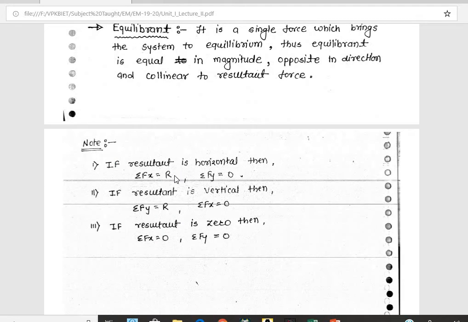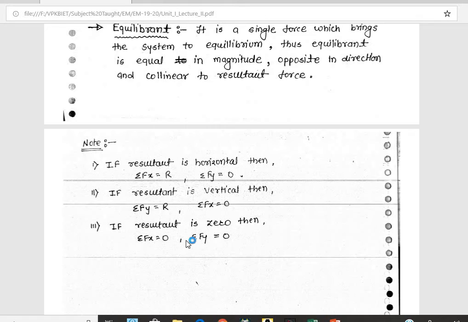Now, these are the important notes you have to keep in mind while solving the numericals. Number 1, if the resultant is horizontal, then summation Fx is equal to R, and therefore summation Fy is equal to 0. If the resultant is vertical, then summation Fy is equal to R and summation Fx is equal to 0.